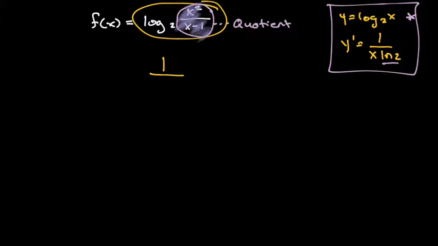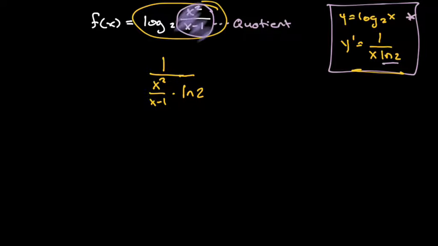So we're going to have 1 over all of that stuff, x squared over x minus 1, multiplied by ln of 2, because in this case the base was 2. And this is the derivative of that outer layer.